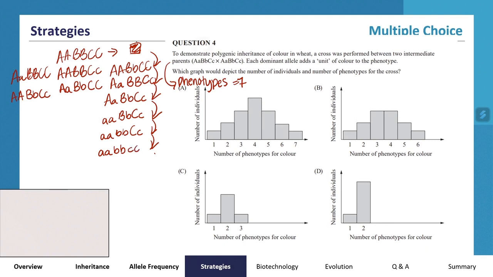So all in all, we've got the darkest shade, and then 2, 3, 4, 5, 6, 7 different phenotypes. And that's where the 7 occurs on the bar graph.